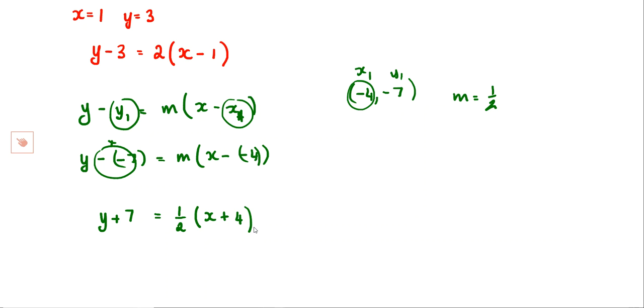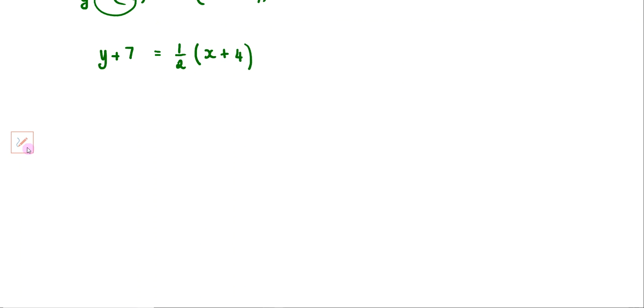We have the next form, which we've already had a look at before, gradient and intercept form. Now, gradient and intercept form is y equals mx plus c, using the m and c. Let's have a look at the first one we did again.